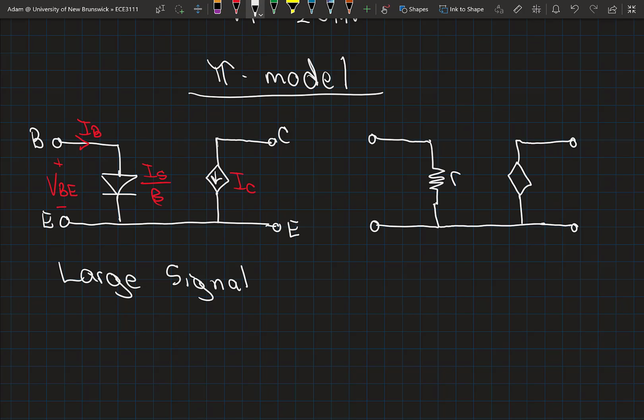And this resistor is known as R pi, where R pi is that small signal resistance from the base to the emitter. And we'll label these, and of course the controlled current source represents our small signal collector current in response to our small signal base to emitter voltage. Okay, so this is our small signal model.